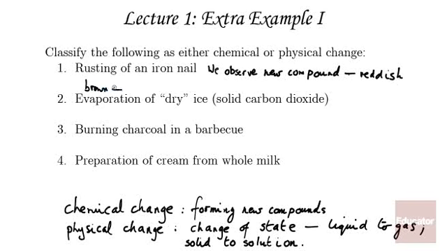And that compound is an iron oxide. Therefore, this change is in agreement with our definition of a chemical change, which involves the making of a new compound. Therefore, we have here a chemical change.